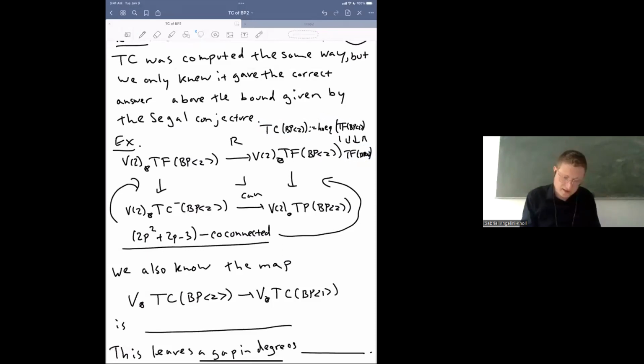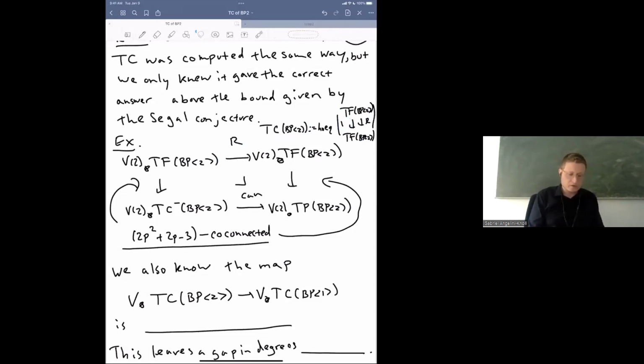Sorry, I guess I decided my target audience was people who have seen that before. Okay. So this is TC, that's this homotopy equalizer. To compute TC, you would want to compute this R map and then take the homotopy equalizer with the identity.